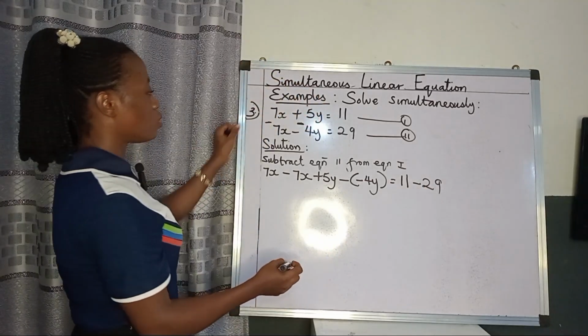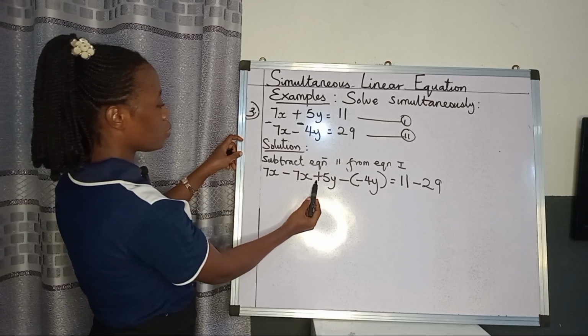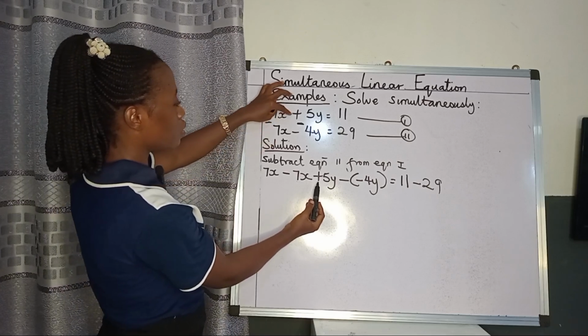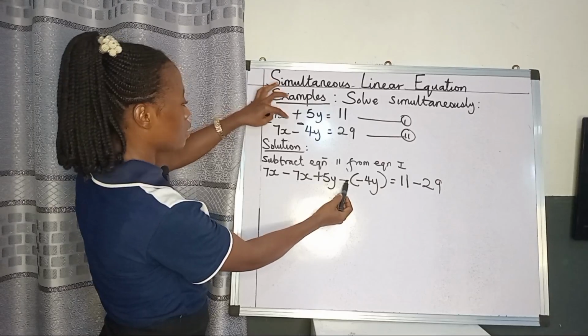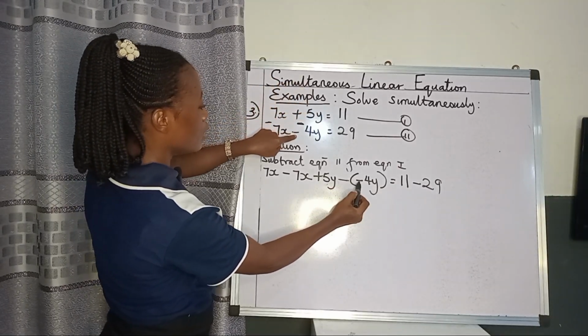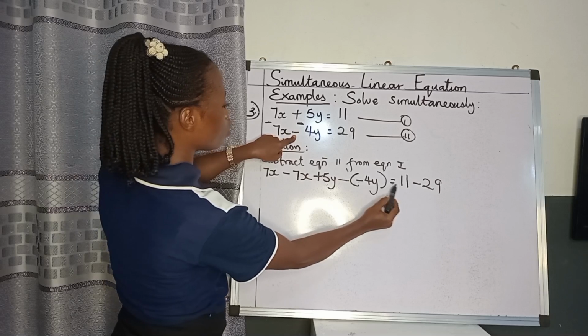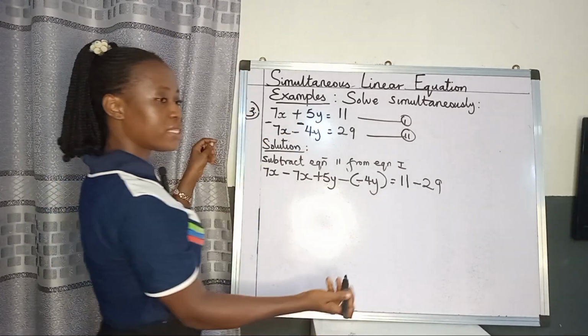Now this is how it goes. 7x minus 7x, okay? We are done with x. Moving on, positive 5y minus, remember you are subtracting, so positive 5y minus negative 4y equal to 11 minus 29. I hope it is clear.